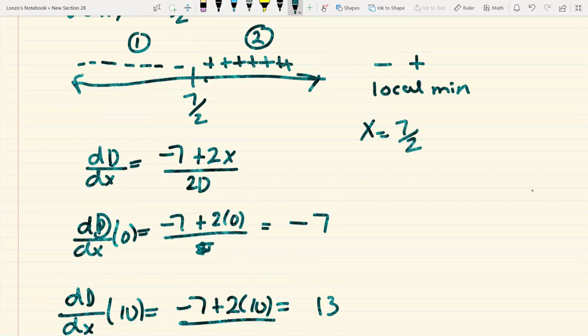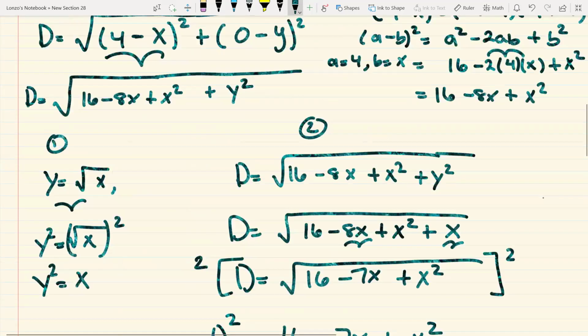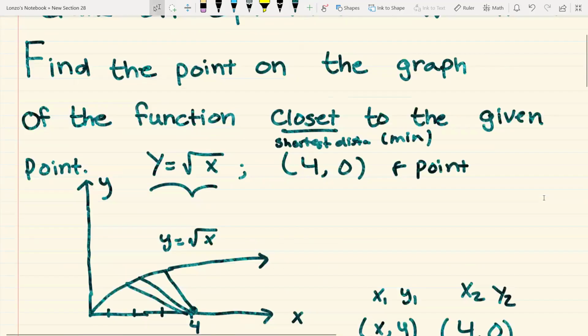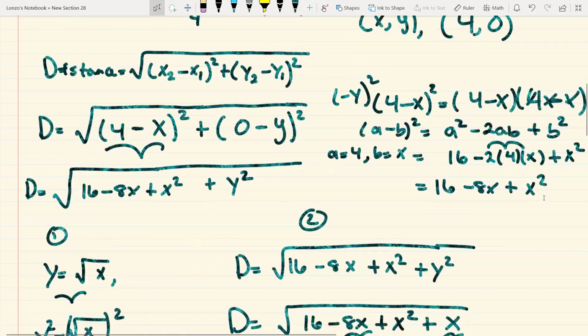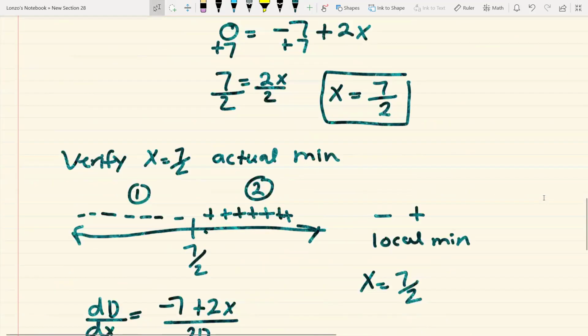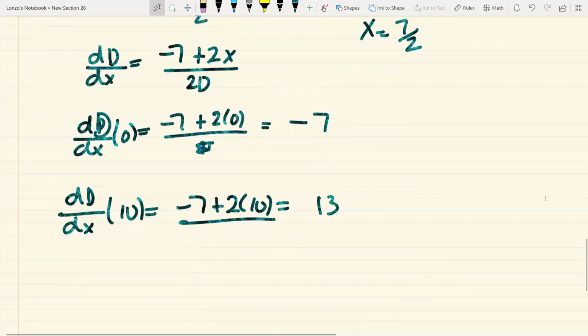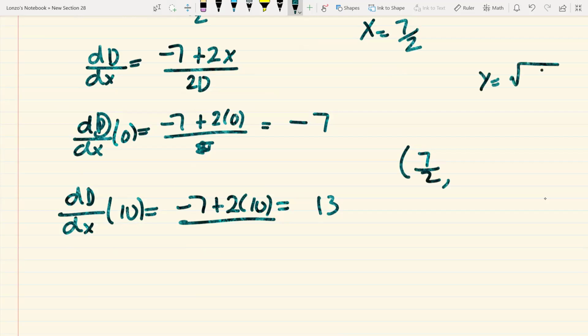Okay, but that's not the answer. What were they saying? They were saying find a point. So we need a coordinate, right? And what did we just solve for? We solved for x, which is 7/2. So our x coordinate is 7/2. How do you find the y coordinate? Remember we said that y equals radical x.